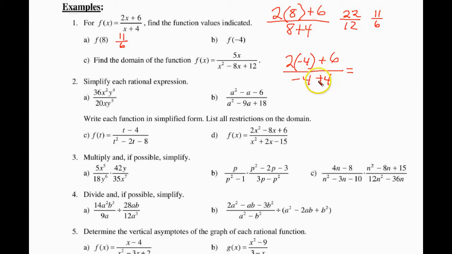Now, when you get something like this in the denominator, you're going to get a 0 in the denominator. So it really doesn't make any difference what you get in the numerator, because anytime you end up with a 0 in the denominator, this value will be undefined.